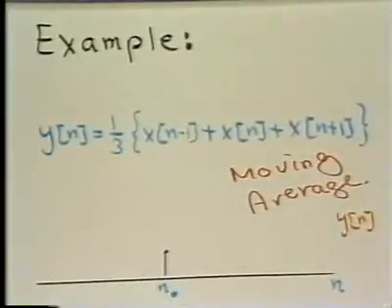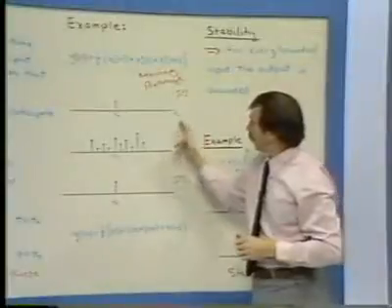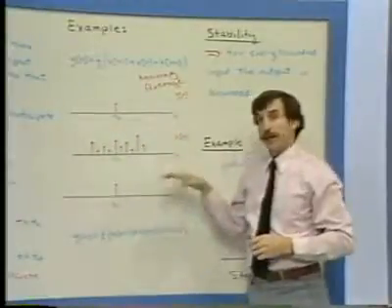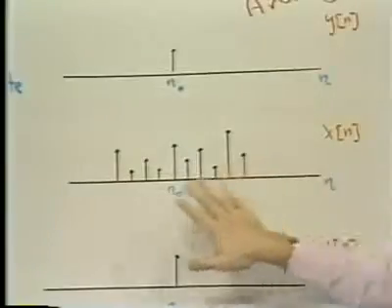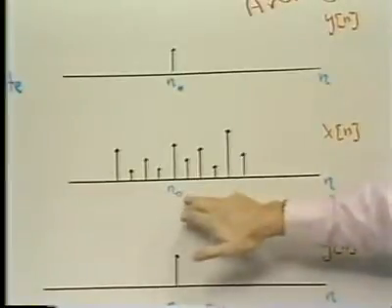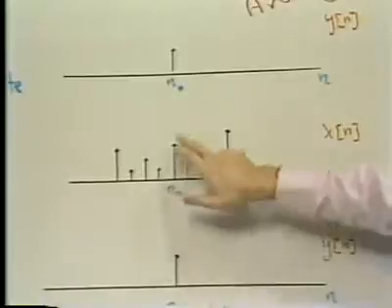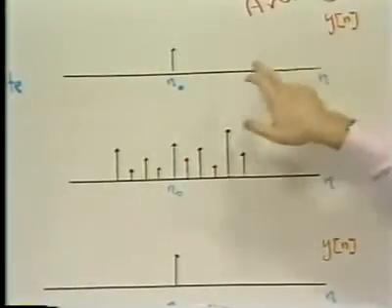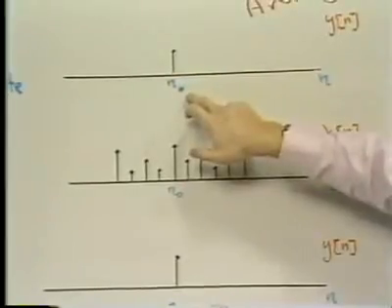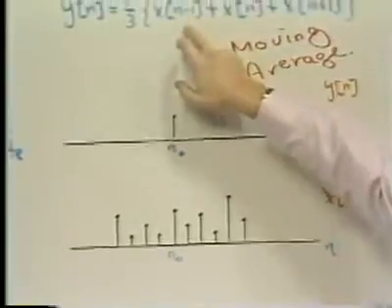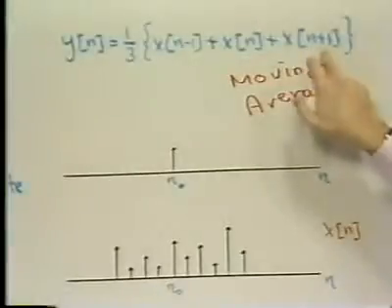So if we think of a moving average, if we have here a sequence x of n, with other values going off in both directions, for any value n0 at which we're computing the output, y of n, we take x of n0, x of n0 minus 1, and x of n0 plus 1.